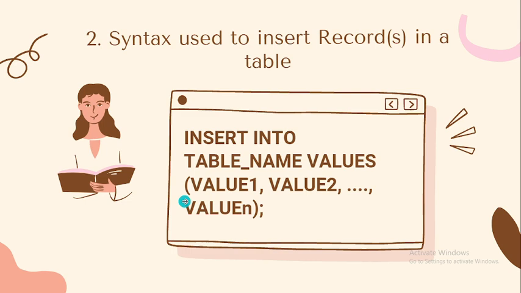Values, and in parentheses we have to write value 1, comma, value 2, comma, and so on up to value n, where value 1 is nothing but the value we are going to put for our column 1. Similarly, value 2 is the value or the data we have to put for our column 2, and in the same way value n is the data or the record we want to put for our column n.